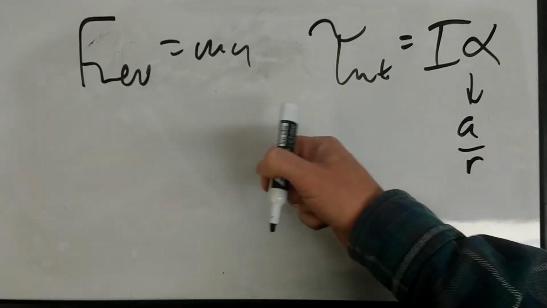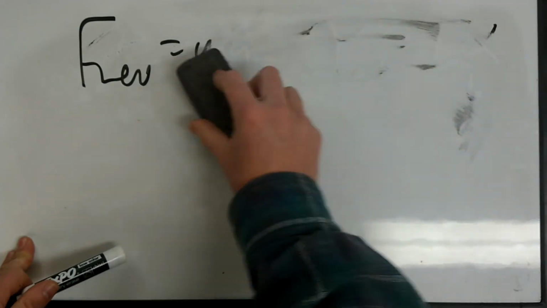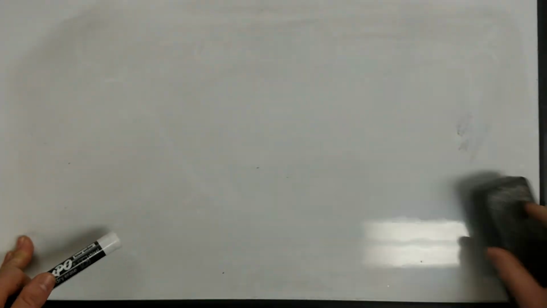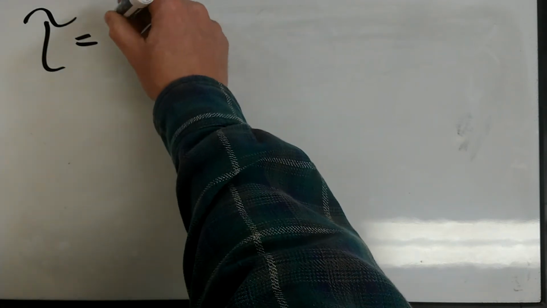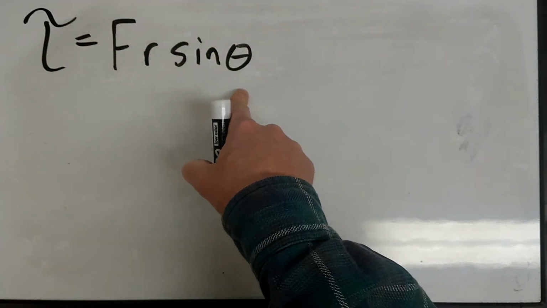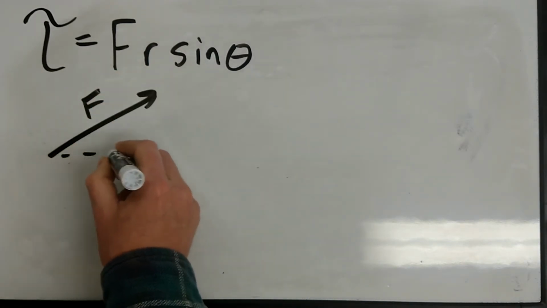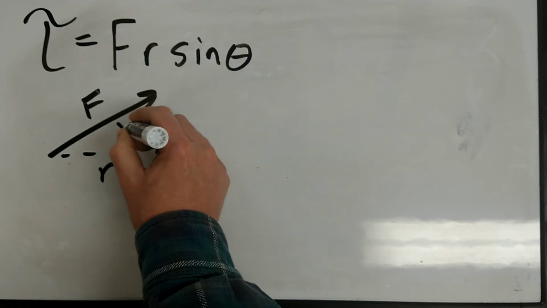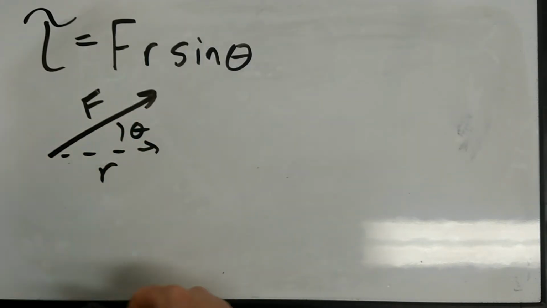So we got to figure out how M and I are related, what the heck that I thing is. We'll get to that later on. Right now we're just dealing with torque equals FR sine theta, where theta is the angle between. So F, let's say this is R and this is theta. R being that radial vector.